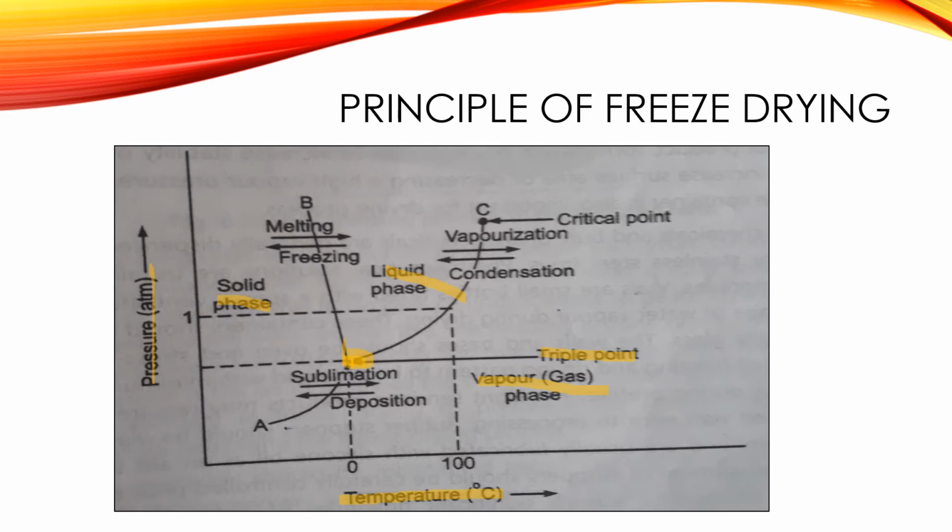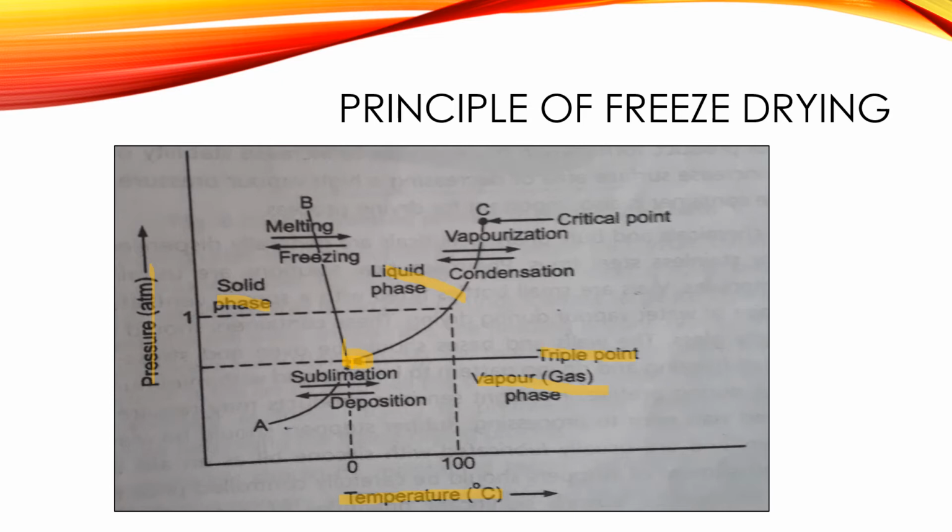Now, see, the lyophilization is performed at a temperature and pressure condition below the triple point to enable sublimation of ice, means converting the solid state to the vapor state directly. So definitely this freeze drying is performed at a temperature and pressure condition below the triple point.